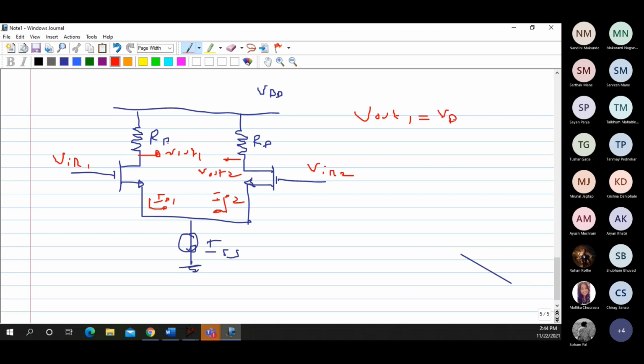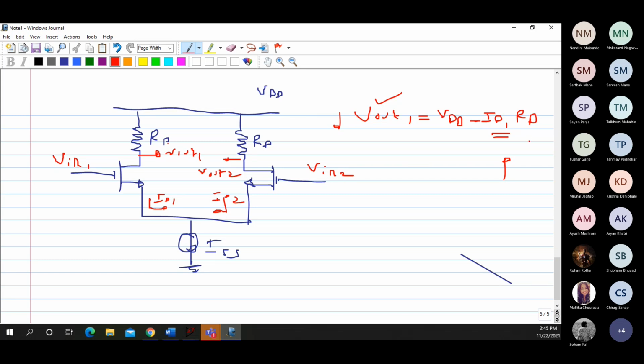So V out 1 is VDD minus ID1 RD. So if my V in changes, my ID1 also changes, and because of which my V out changes. So if my ID1 increases, my V out 1 is going to decrease.